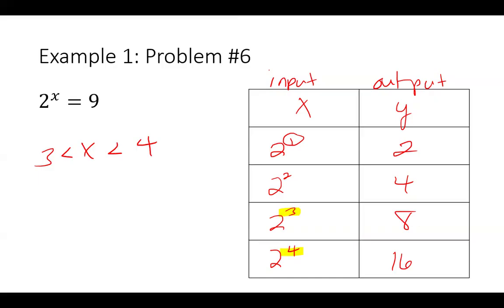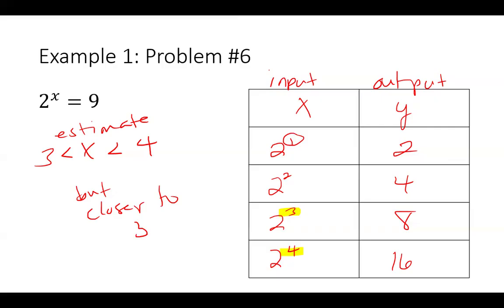And that's all you would do as your estimate. Make sense? Okay. My estimate is greater than 3, less than 4, but I'm going to note that it is definitely closer to 3. And why would I say that it's closer to 3? Because 3 is 8, and 8 is closer to 9 than 16. How do you feel about estimation?